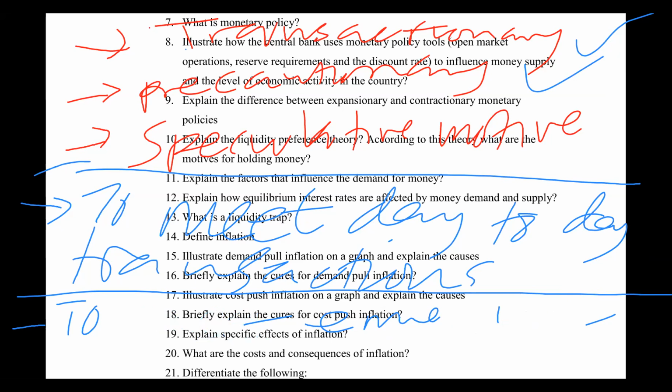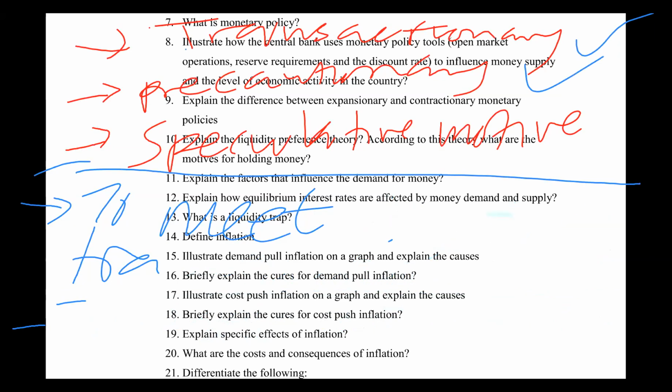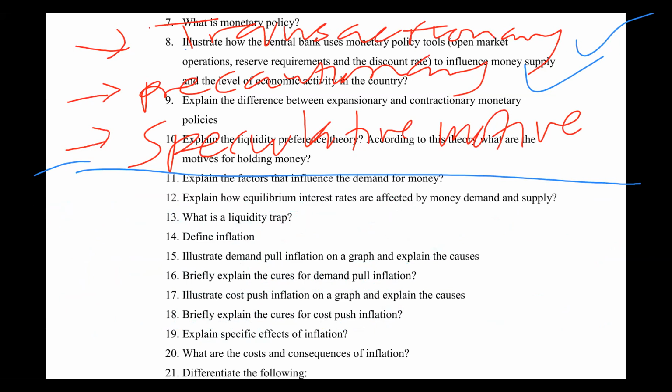From the precautionary motive, there is the speculative motive. With the speculative motive of holding money, the word speculative comes from the way people speculate. People always anticipate a better future. They anticipate that at some point the assets will become cheaper.